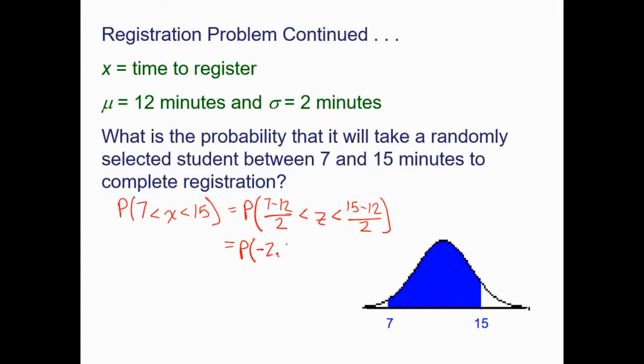Negative 2.5 less than Z, which is less than 1.5. So this is like what we started class doing. We have to subtract the probability of the big one minus the probability of the little one. So the probability that Z is less than 1.5 minus the probability that Z is less than negative 2.5.